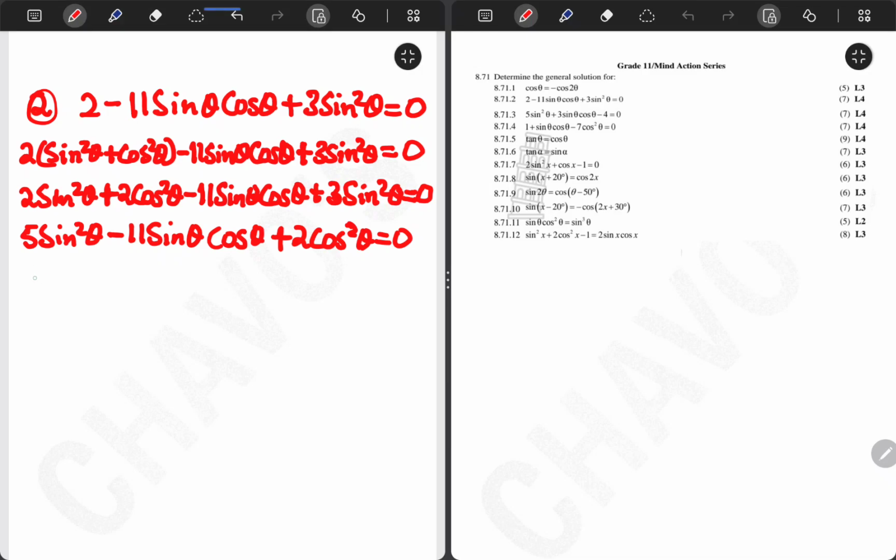So we have reached the stage where we need to factorize.